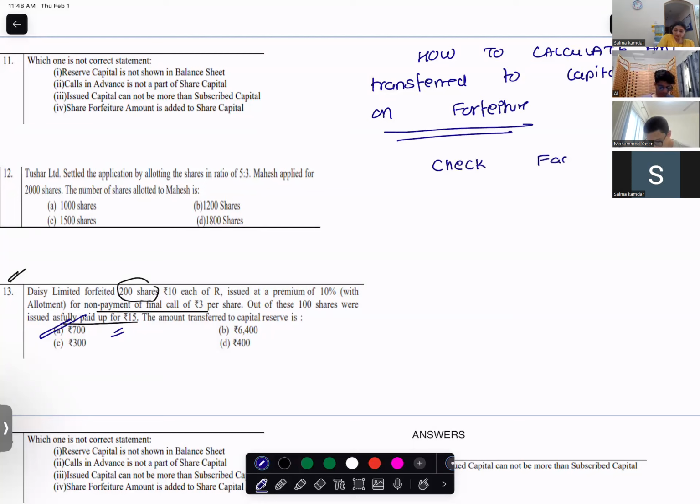Check face value. Check amount received in respect of face value. Check amount not received.